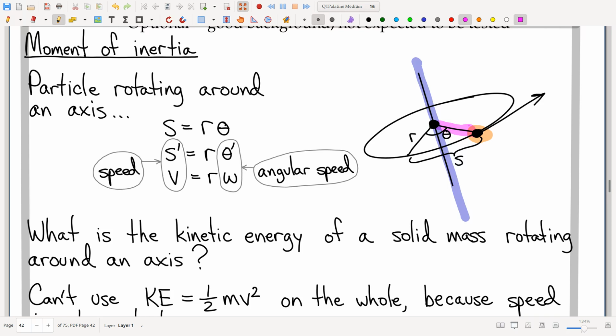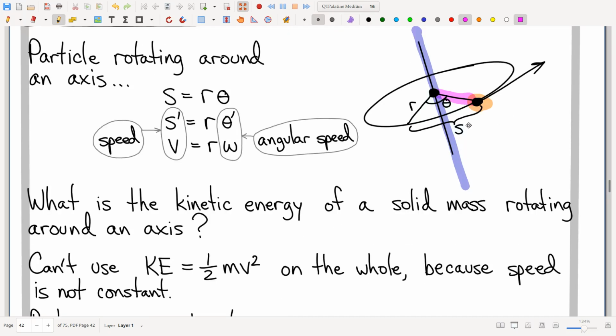So, it's frustrating when this happens, but the notation that we have to work with is a little misleading, and sadly, we just have to remember to defend ourselves against that. So, R is the distance from whatever little piece of mass you're looking at to whatever your axis of rotation is. Keep that in mind.